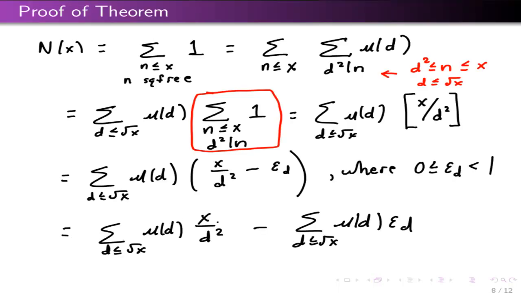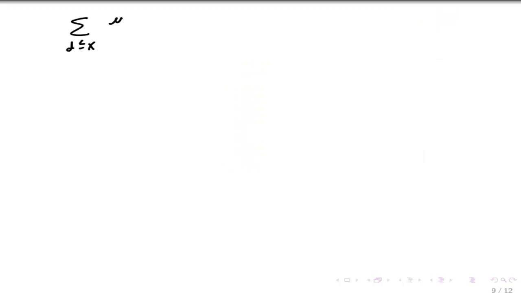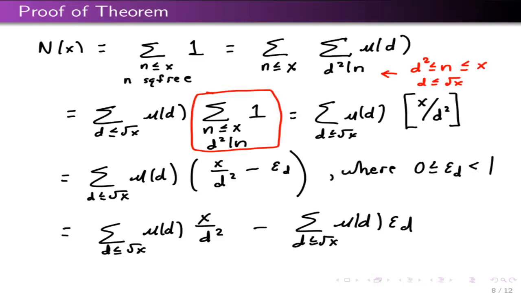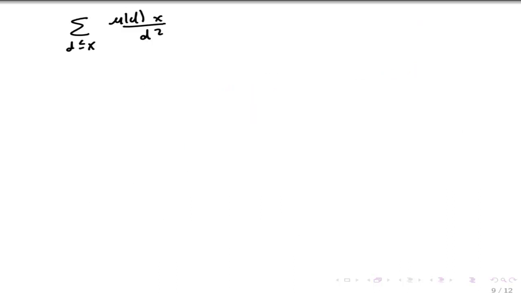The sum of mu of d x over d squared, and the second term was minus the sum for d up to the square root of x of mu of d epsilon d.